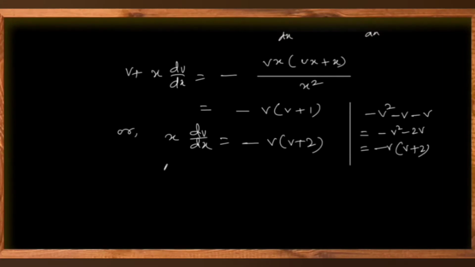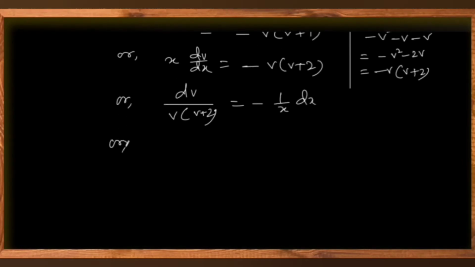Now we can write this equation as a separable equation easily, and that can be done as dv upon v times (v plus 2) equals negative 1 upon x dx.